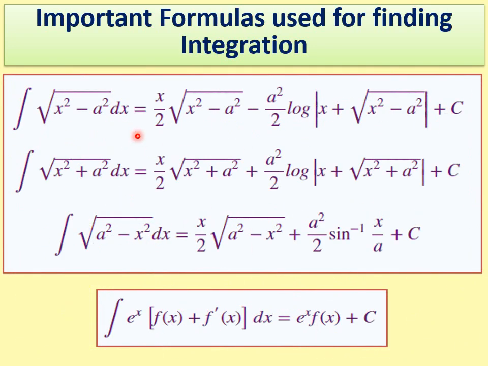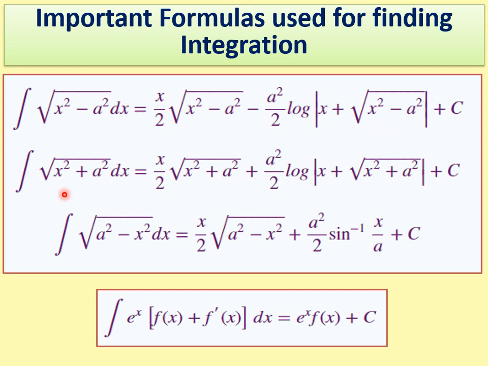Next, all these formulas have the square root, but there is no denominator. Integral under root x square minus a square dx equals x over 2 under root x square minus a square minus a square over 2 log modulus x plus under root x square minus a square plus c.